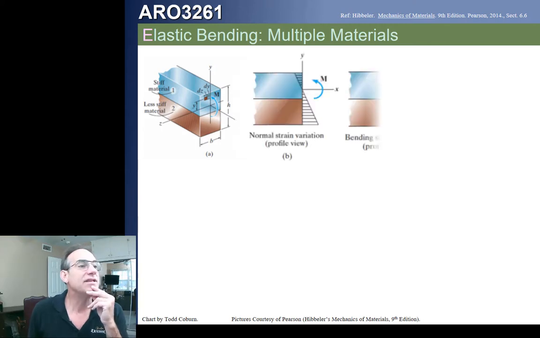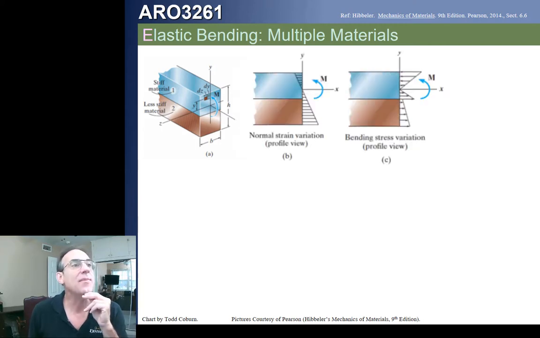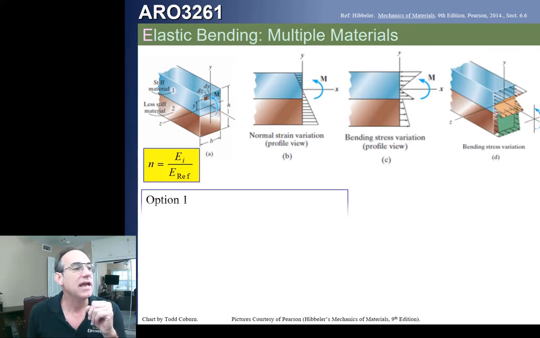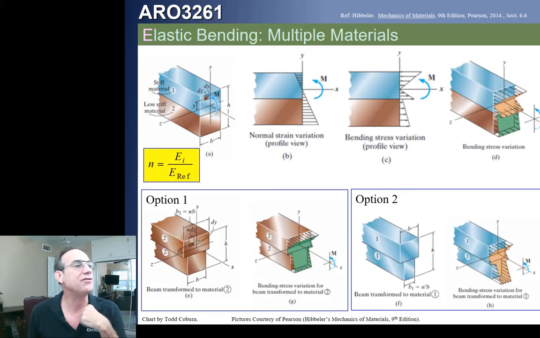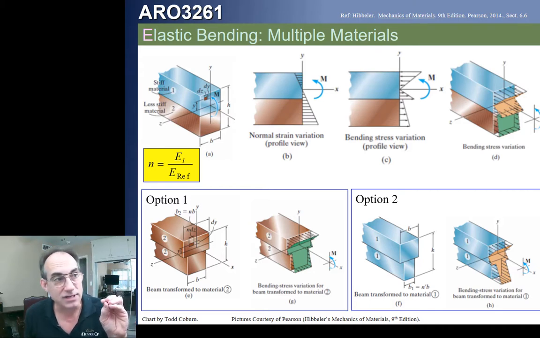So this is another way of describing it out of Hibbler's text. What he's doing is we really have two approaches. If we have two materials, a blue and a brown material, and the one material is less stiff. Let's say the blue material is less stiff and the brown material is more stiff.